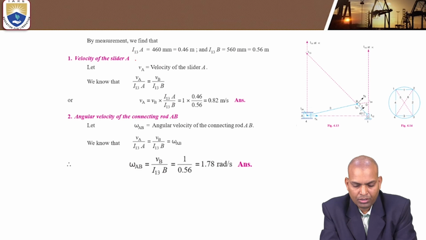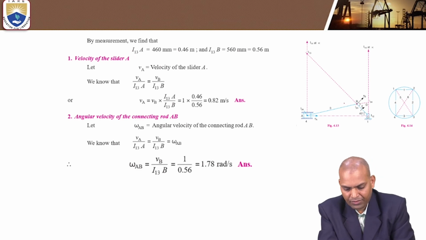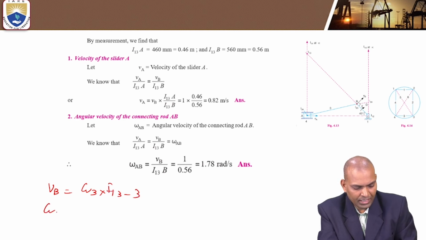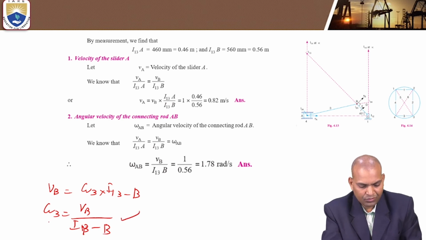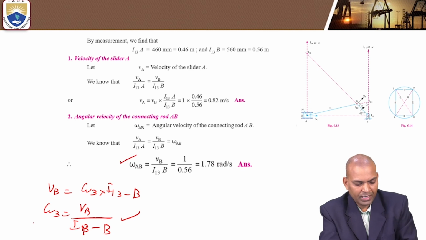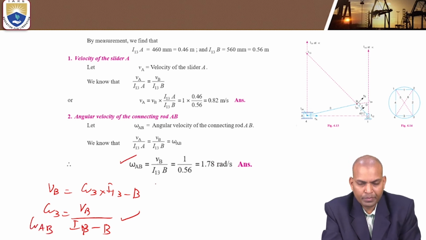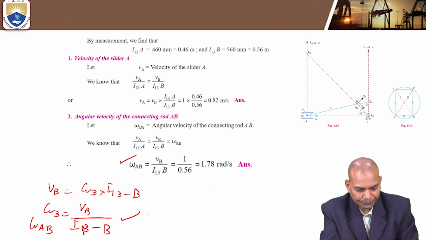VB equals omega 3 times I1,3 to B. Then omega 3 equals VB by I1,3 to B. Thus omega AB is nothing but omega 3, that equals VB by I1,3B, that is 1 by 0.56, which is 1.78 radians per second.